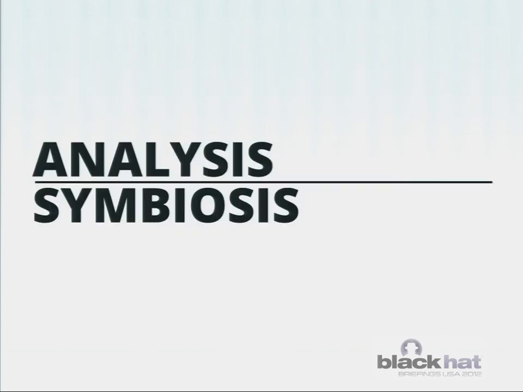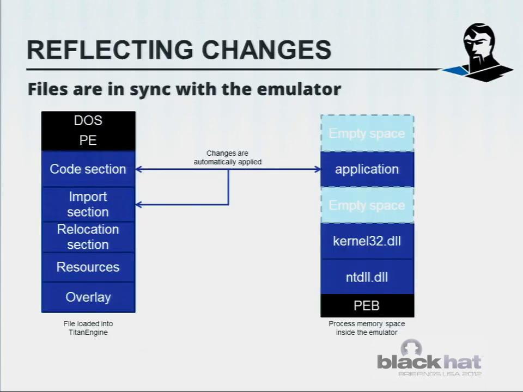So there's the symbiosis between emulator and the static environment, and we really wanted to create it like this because it enables us to do a lot of things. So if on the left side you have the file on disk and you loaded that file into a new process, whatever happens with the process while the application is being emulated is reflected back to the original file.